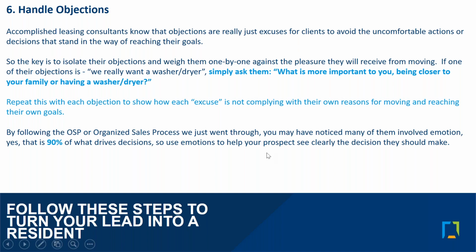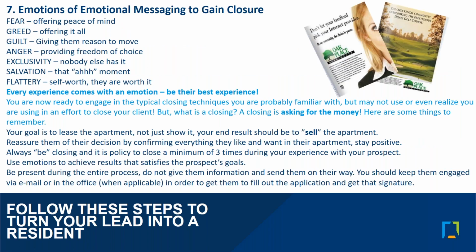And at each step of this, every time you're asking them a question, you're going over what their goal is, you're going over what they want, you're asking them, are you ready to get this application going? We need to act fast. It's okay to use all your closing techniques we'll get into, but you're going to use the preface of what is their goal? What is their motivator? What is their ultimate decision?